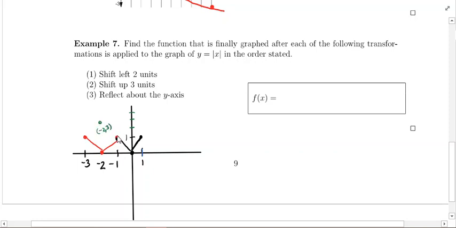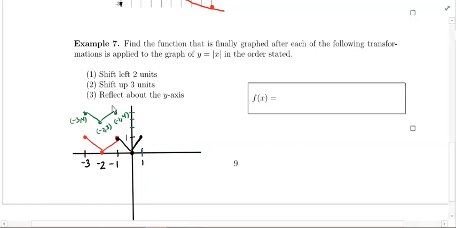This point, if you move it up 1, 2, 3, is going to go to negative 1, 4. If you move the point at negative 3, 1 up 3 units, it'll go to negative 3, 4. So I'd get this. Like I said, I am just trying to give myself an idea of what this is going to look like.